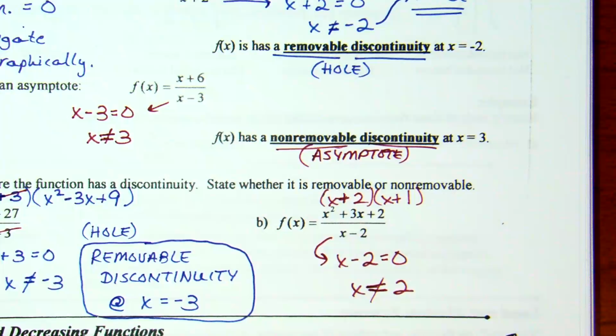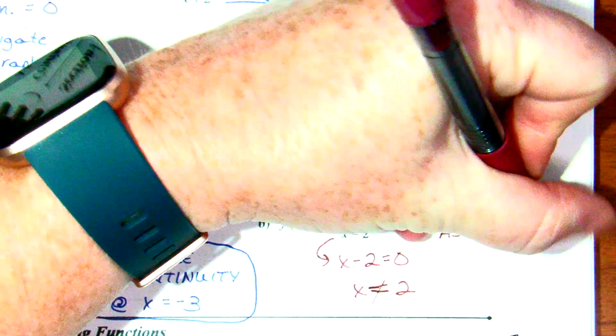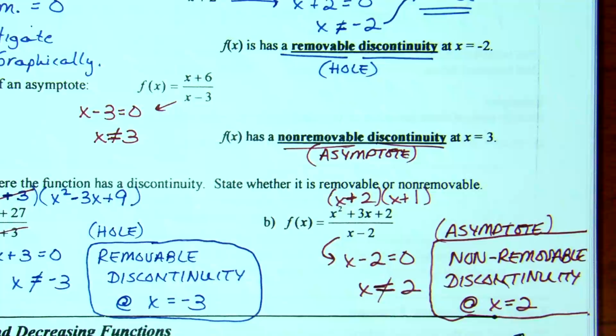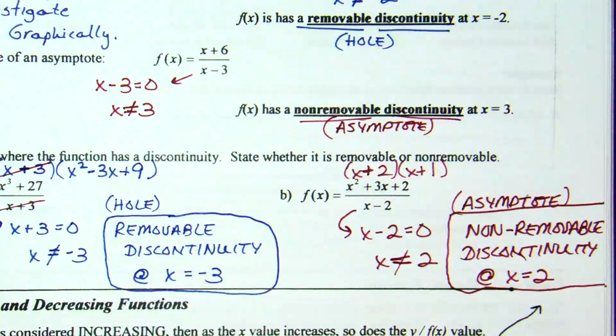You solve that, you're going to get x equals 2. So x cannot equal 2. Is this going to be removable or non-removable? This is going to be an asymptote because it was not able to cancel, so it is non-removable. So non-removable discontinuity at x equals 2.